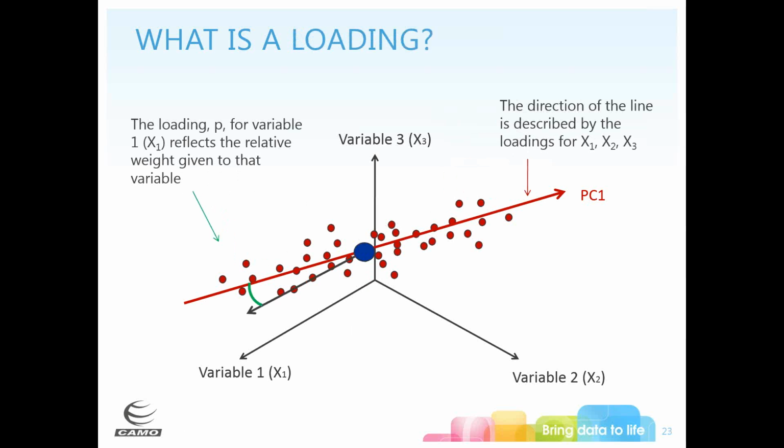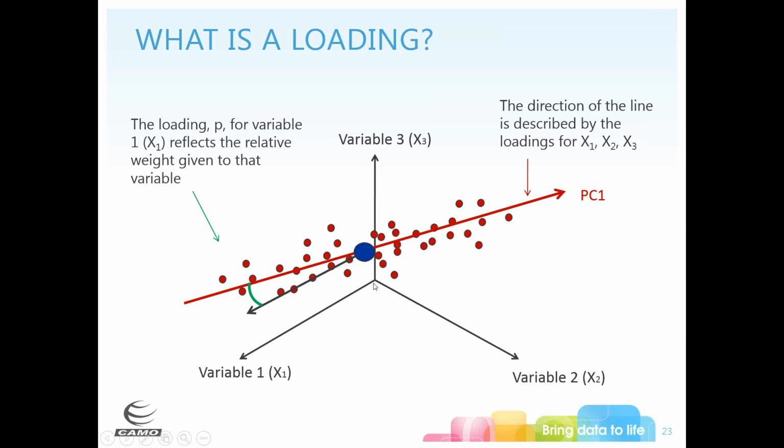So that's all fine and dandy that we know what the scores are in PC1, but what is PC1? What does that mean? We need to understand what direction that vector is going in by correlating that back to the original variables. The loading for the individual variables reflects the relative weight given that variable.